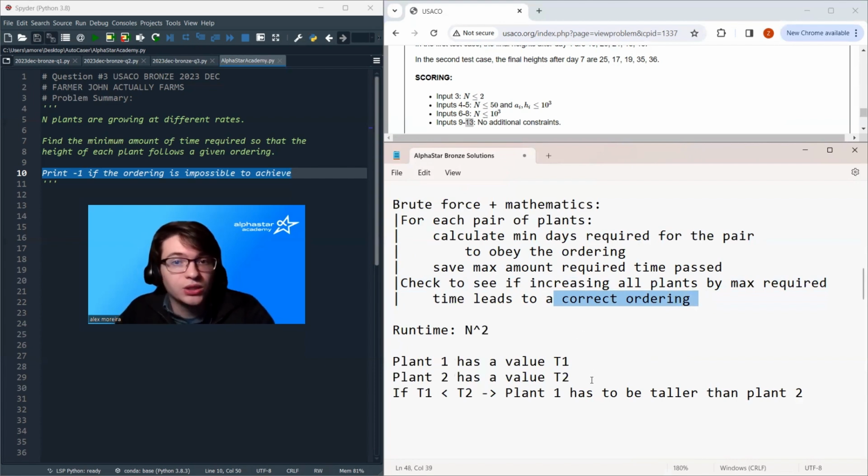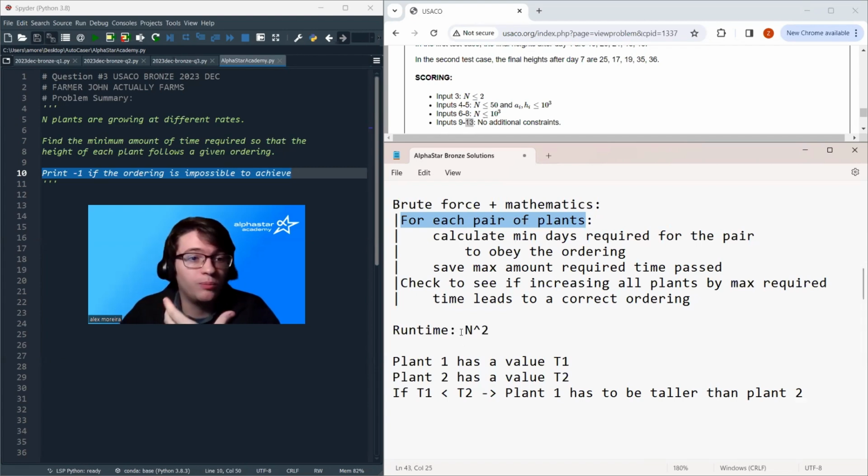This is a better solution. It leads to an n squared runtime. Why n squared? Well, the problem is we're looping over all pairs of plants, right? If you loop over all plants, that's going to be O of n, an algorithm with runtime n.